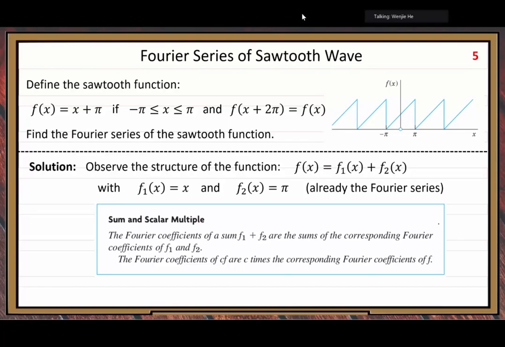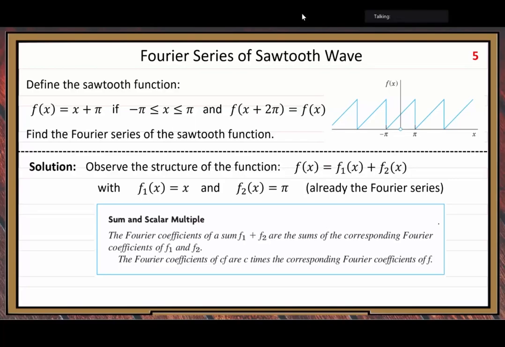That's even much easier. So we can leave it out. We calculate f1, after that we apply this property, add them up, and we get the final answer.